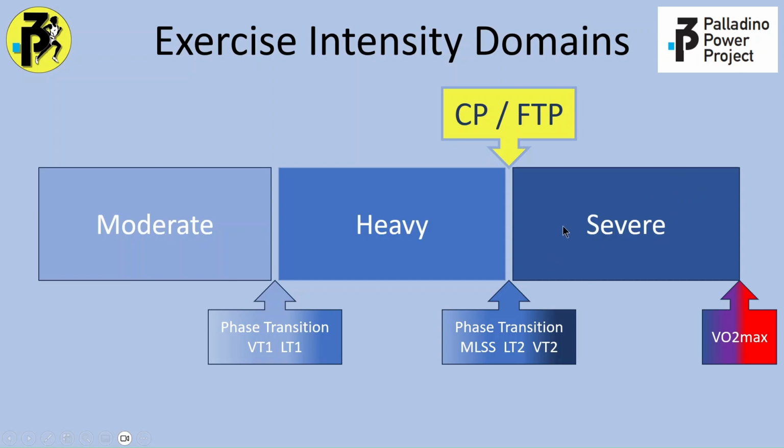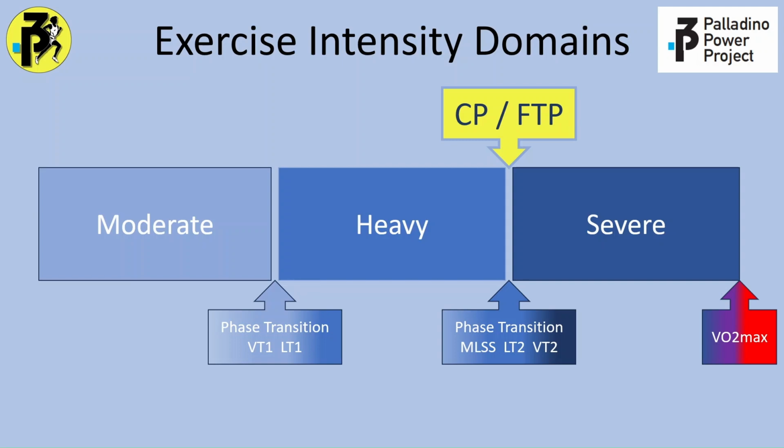Now, I mentioned it depends on the intensity and duration. So if you're down here at just over FTP CP, let's say 102%, and the duration of that is 3 minutes, you're not going to reach VO2 max.